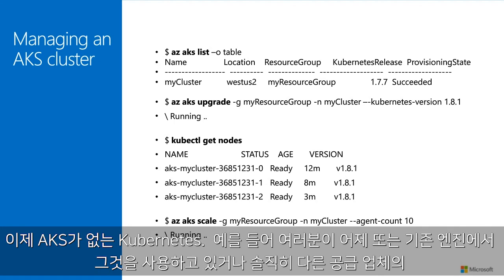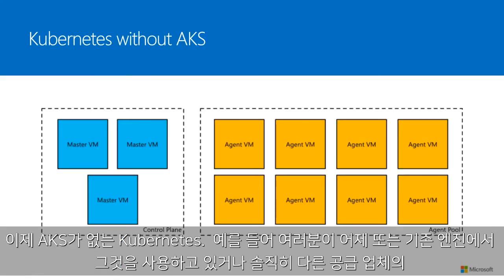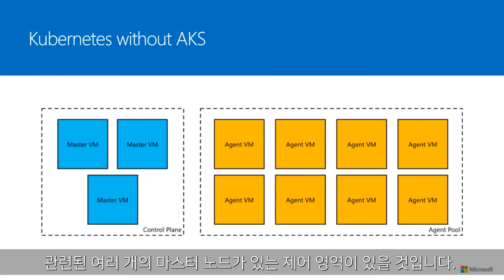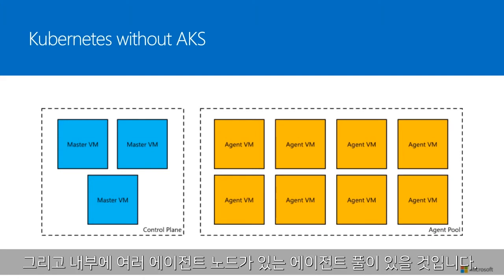Now, I want to be clear that with Kubernetes without AKS, so for example, if you're using ACS or ACS Engine, or frankly Kubernetes on any other provider, your infrastructure is going to look something like this. You're going to have a control plane with a series of master nodes associated with it. Then you're going to have an agent pool with a series of agent nodes inside of it.